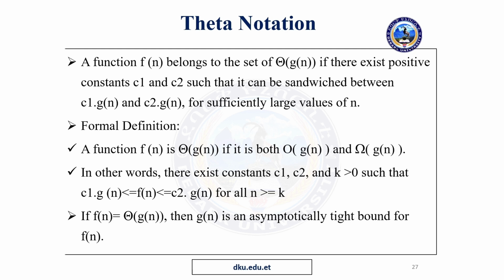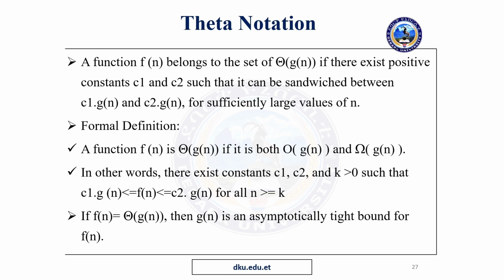In other words, there are constants c1 and c2 as well as k greater than 0 such that c1 g of n is less than or equal to f of n, which is less than or equal to c2 g of n, for all n greater than or equal to k. If f of n equals theta of g of n, then g of n is an asymptotically tight bound for the function f of n.